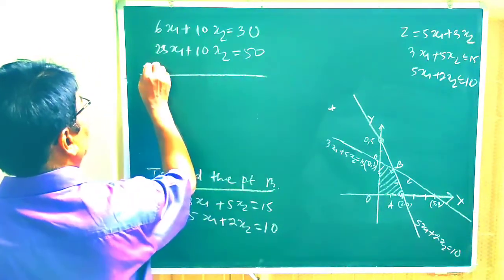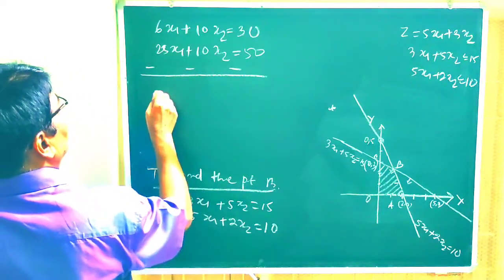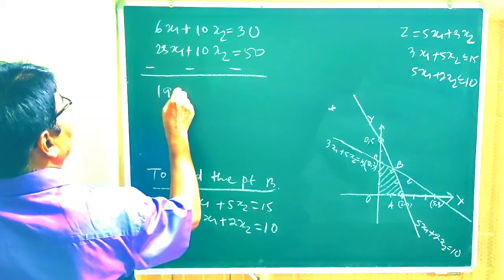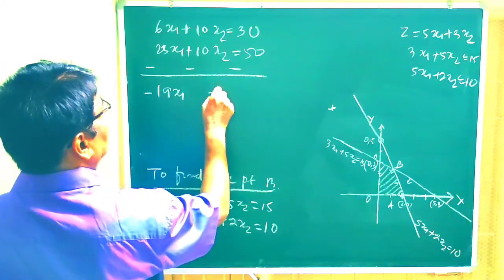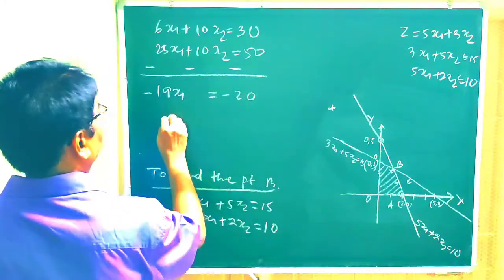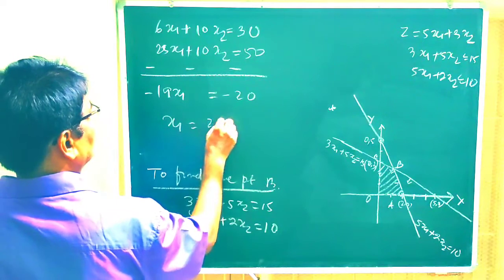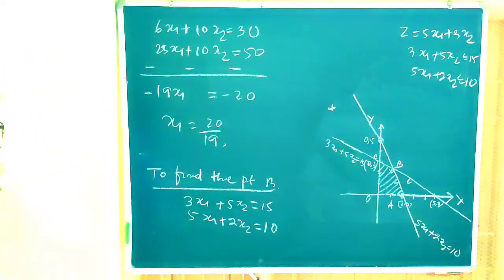On subtraction we get 19x1 is equal to 20. So x1 is equal to 20 by 19.